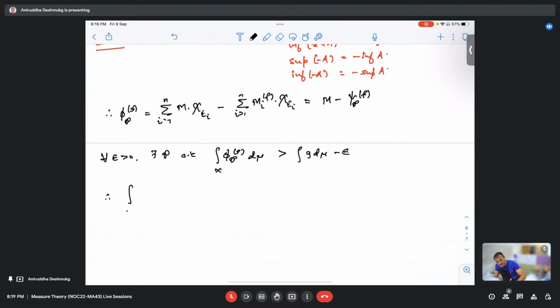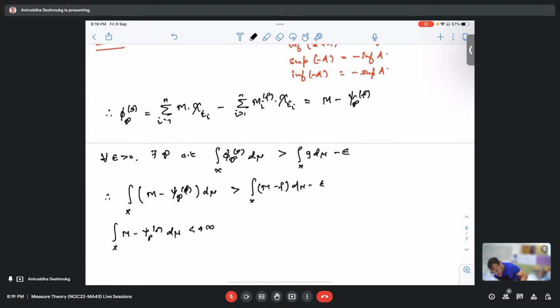Now let us expand this. So this is integral over X of (M minus C_P f) d mu, which is bigger than integral over X of (M minus f) d mu minus epsilon. I have just written the definitions of everything. Now, see, this integral of M minus C_P f is finite because the measure of X is finite.